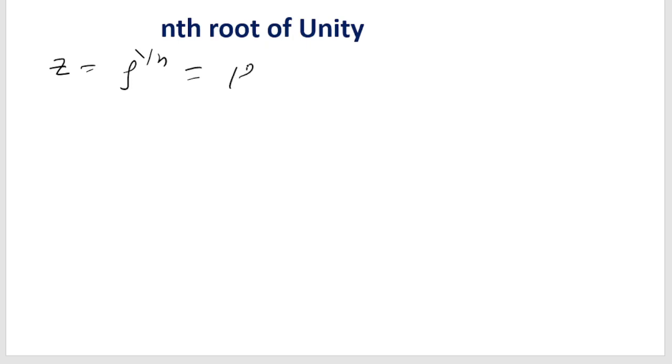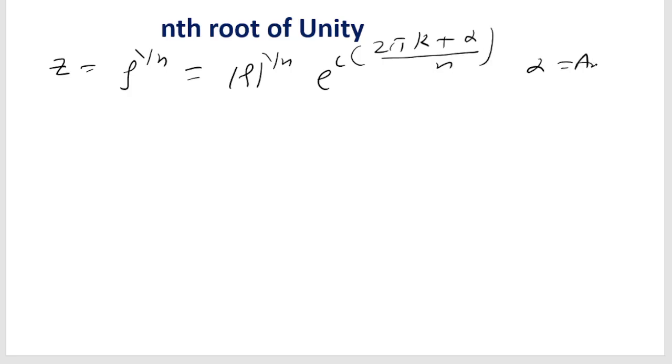So it's modulus to the power 1 by n, e to the power i (2 pi k plus alpha) by n, where alpha is the argument of the complex number rho, of which the nth root is to be determined, and here the k values vary from 0, 1, up to n minus 1. That is, it will give the corresponding n roots.